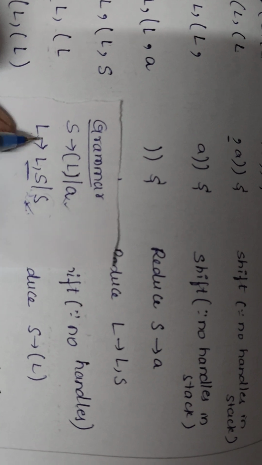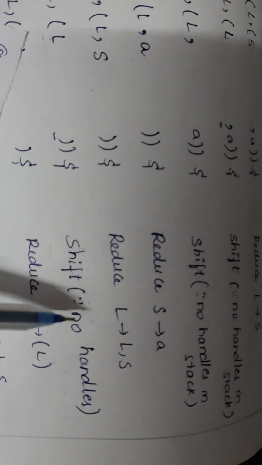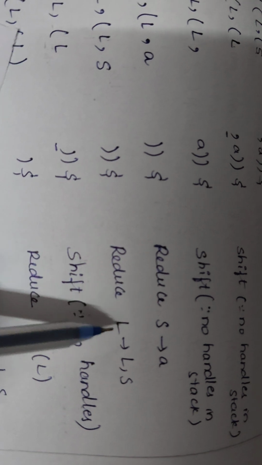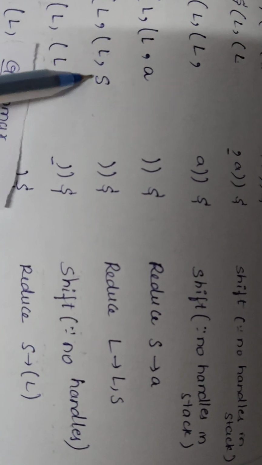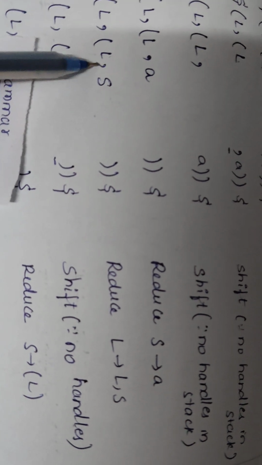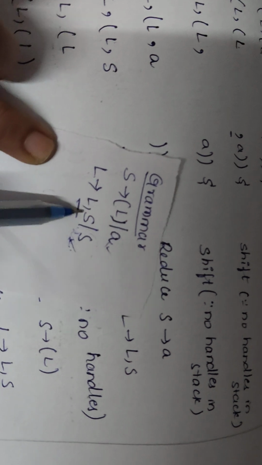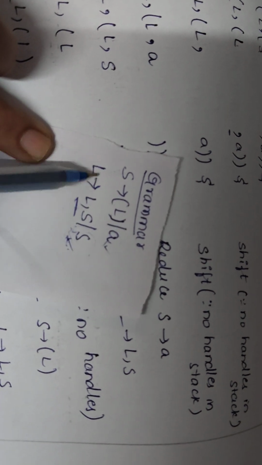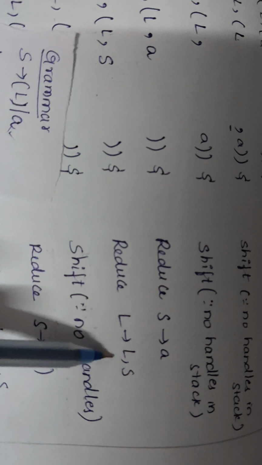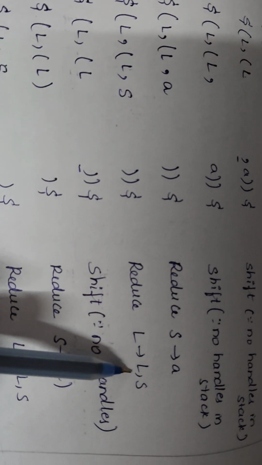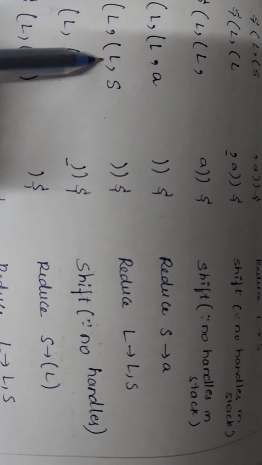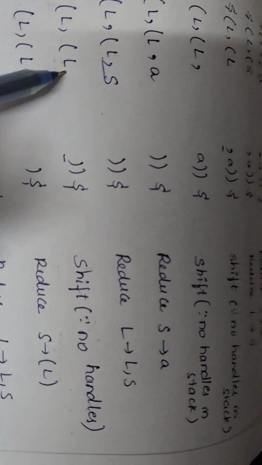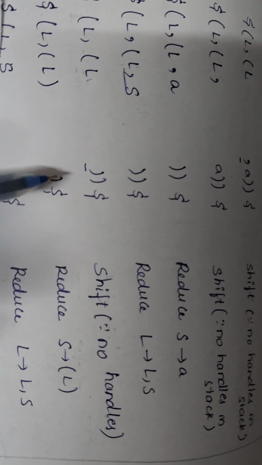So we need to reduce L produces S. See L. See, along with S, we also have L comma S, which is also present in the right side of the grammar. So we need to reduce L produces L comma S. Okay. So pop this and push this here.